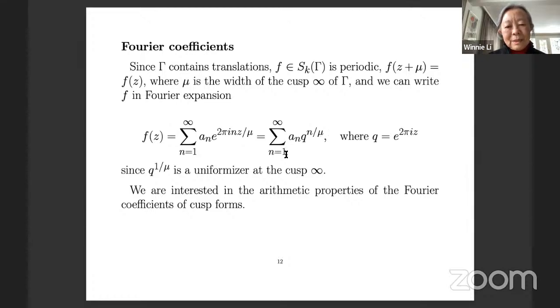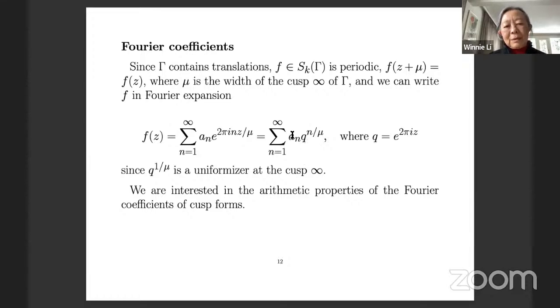Originally it should be from minus infinity to infinity. But since q^(1/μ) is a uniformizer at the cusp infinity, and f is holomorphic there, the series starts with 0. And here we start with 1 because f vanishes at the cusp infinity.